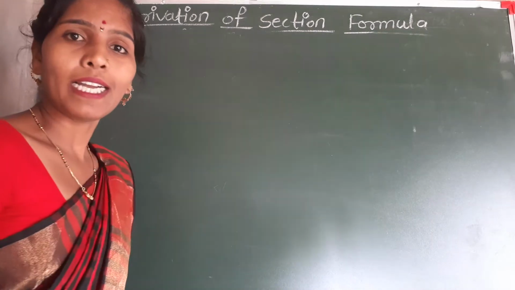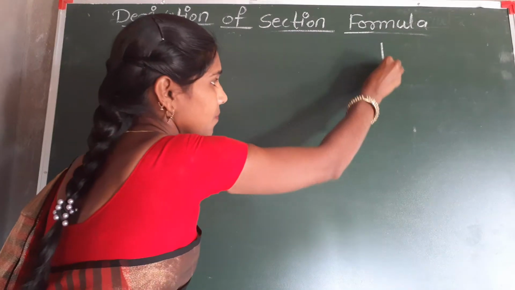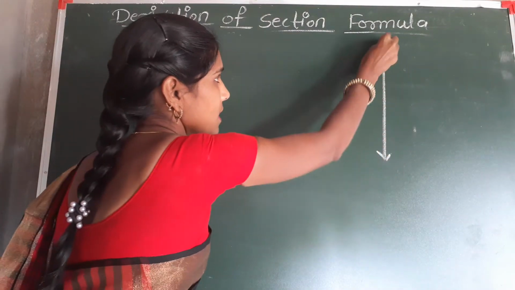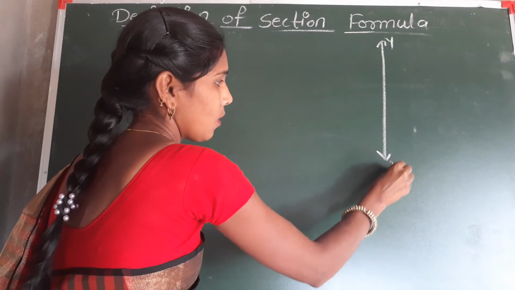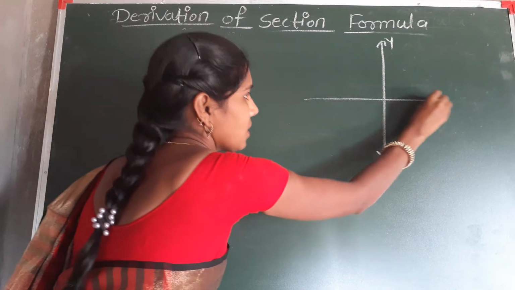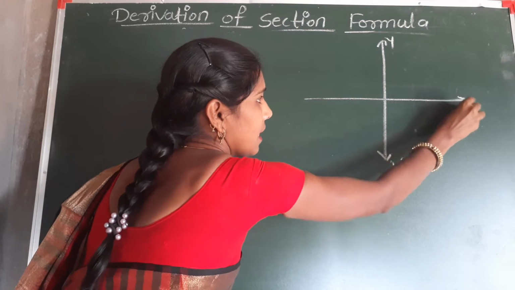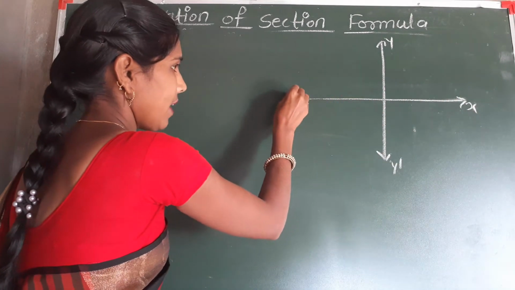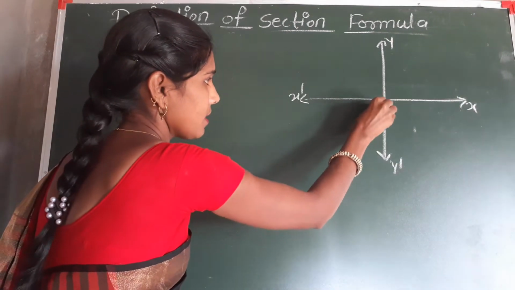First I will draw one Cartesian plane. X dash and y dash is the Cartesian plane and this is the origin.